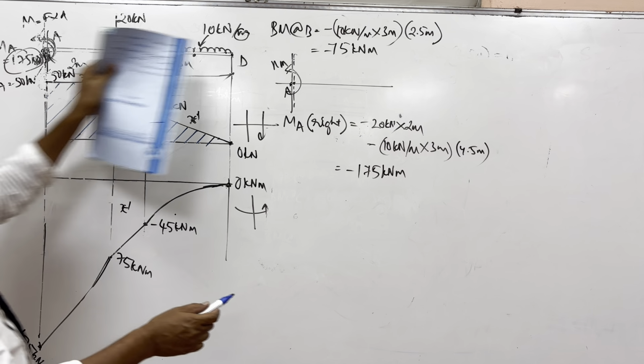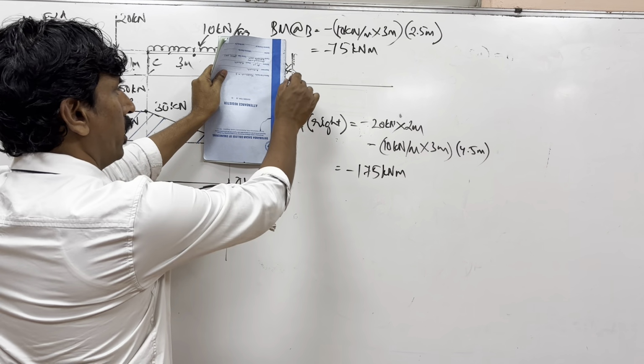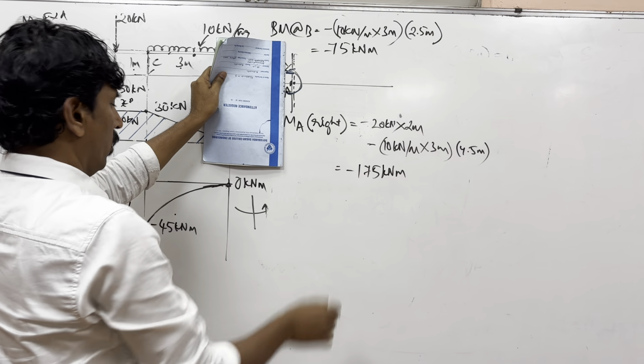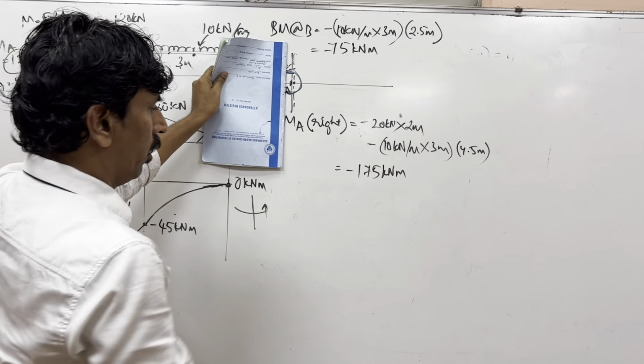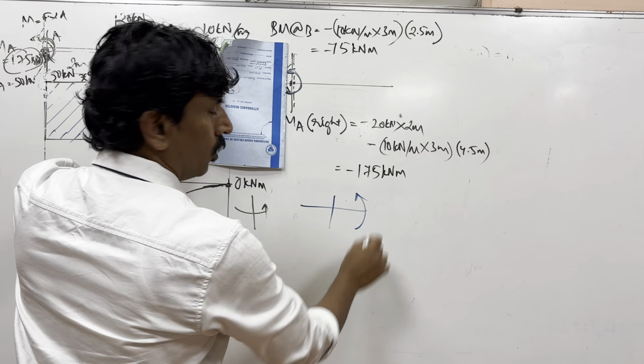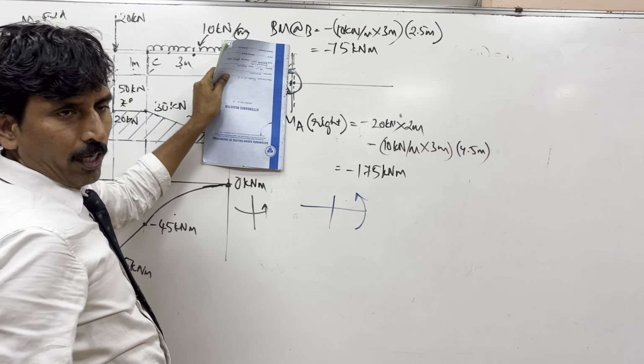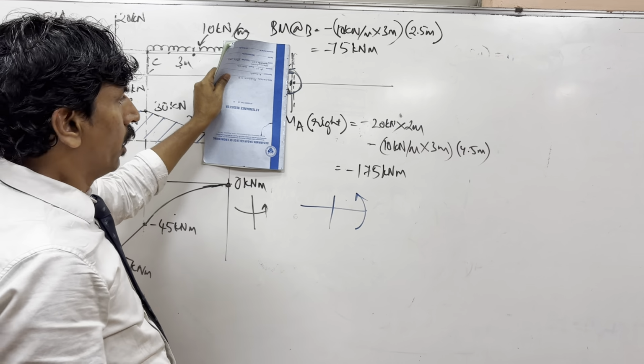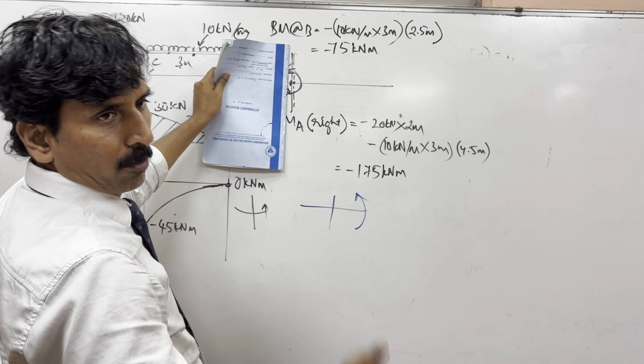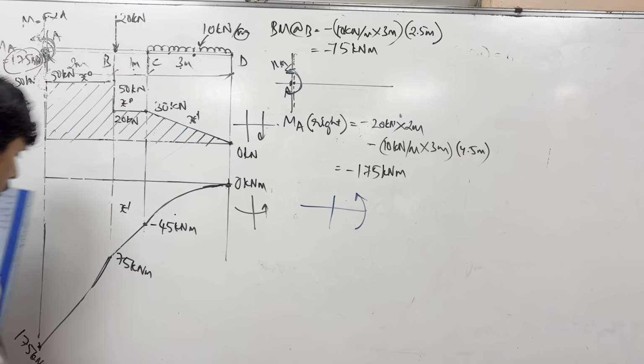And again when you come across this point, anything on the right hand side, now this moment is positive. Minus 175 plus 175 becomes 0.